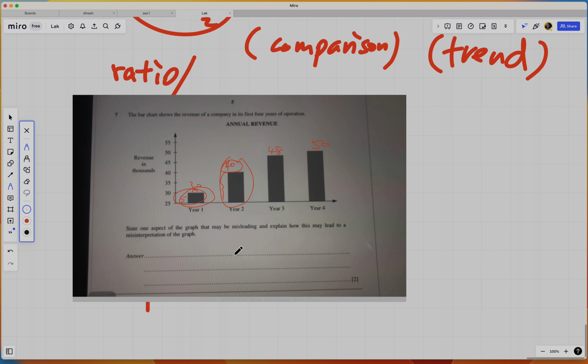But I don't think the height of this looks like 8 of this. Say the height of this represents 5,000. Then in order to have 40, the height should be 8 times of this, but actually it's less than 3 times. So it's quite misleading, because the starting point is 25. I think you can see that.